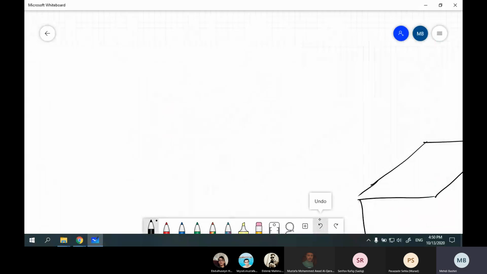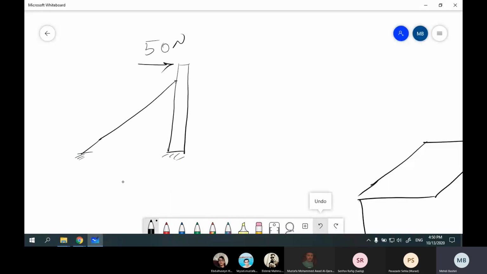If you remember, we had a cable and a column like this, and we had a force like this, for example, 50 Newton. What was the first step? The first step was the free body diagram, to analyze this structure.